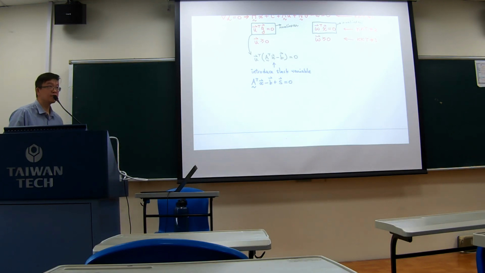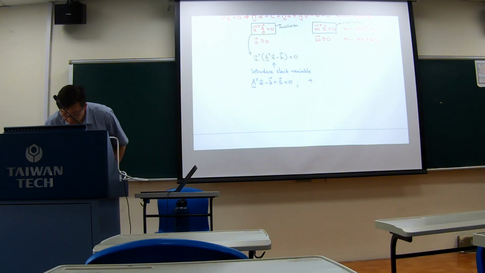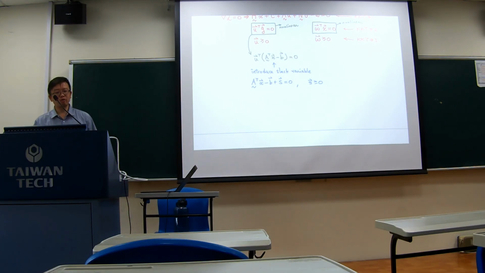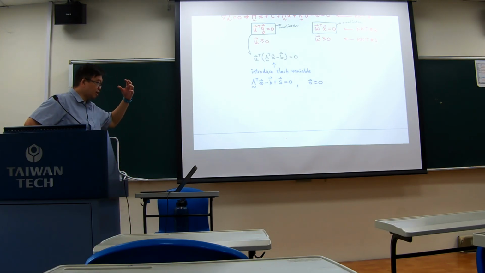Because of the way we introduce the slack variable, we need the slack variable to be positive or zero. Otherwise, it won't be equivalent to the original constraint. Okay? So let's try to use this way and see if we can make this nonlinear behavior better.